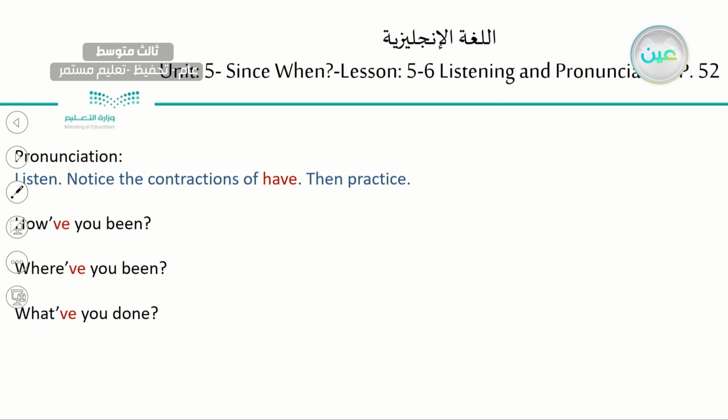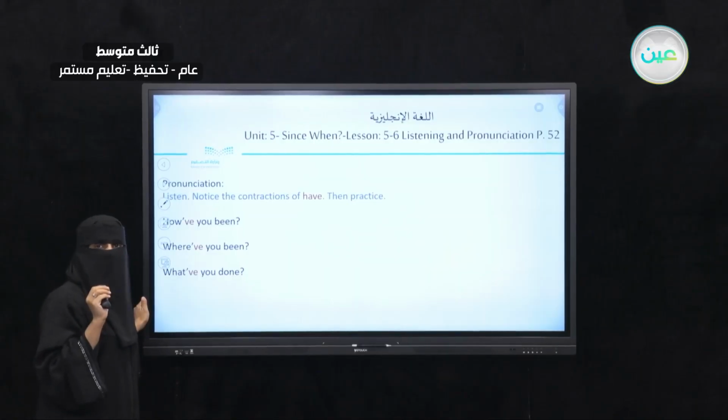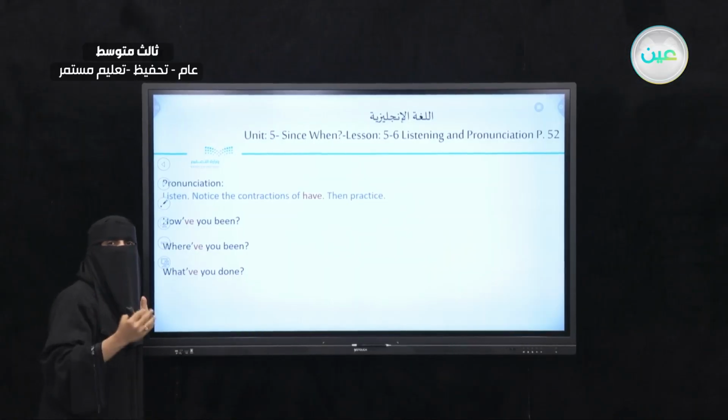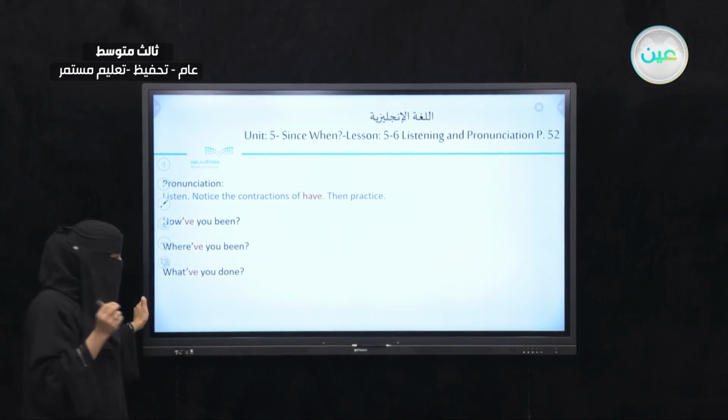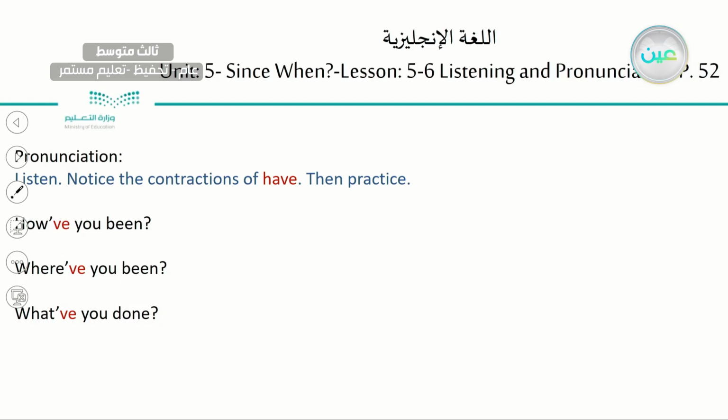How have you been? Where have you been? What have you done? We just pronounce it as v, okay? Like I've, we just pronounce a v sound. It's like one letter.